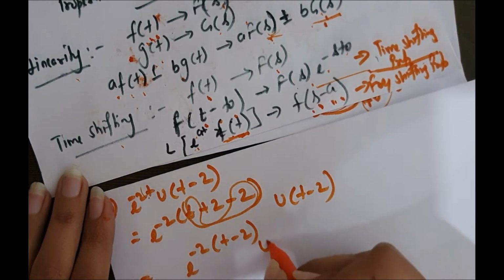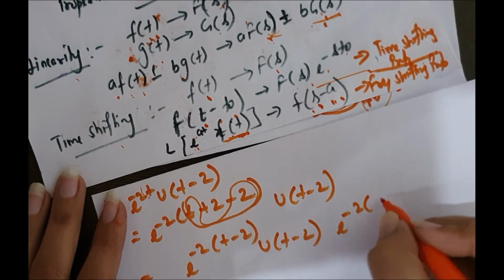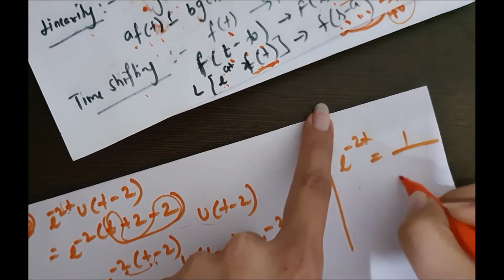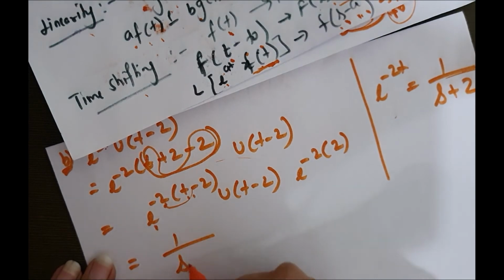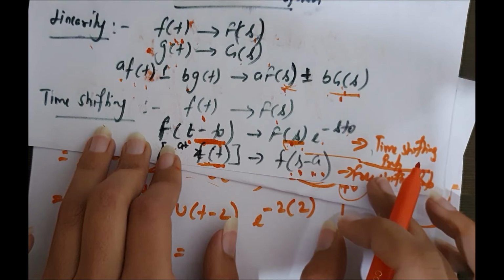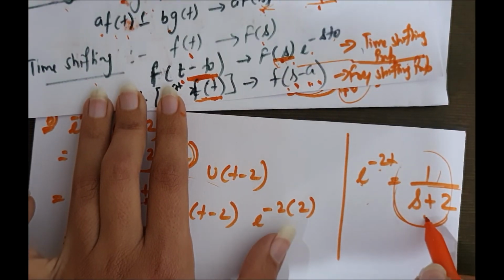Now we are left with exponential minus 2t, whose transform is 1 upon s plus 2. So write it down. Here due to shifting in the time domain, this f(t) is exponential minus 2t. Here we have converted it into the s domain.